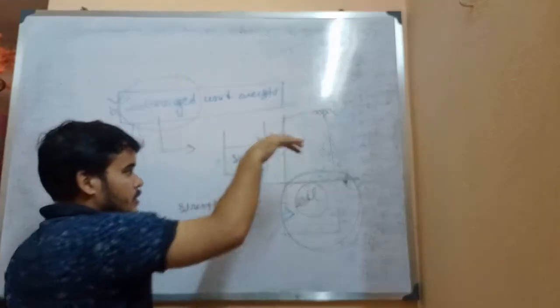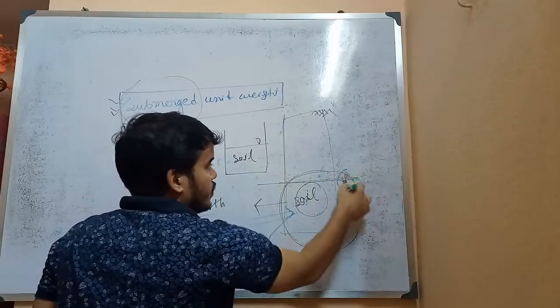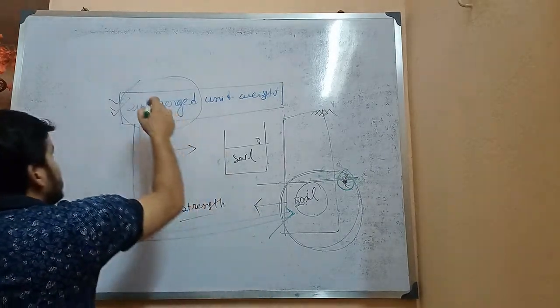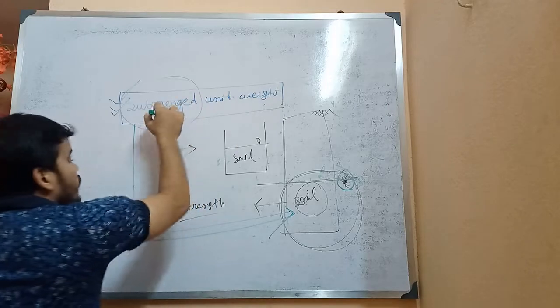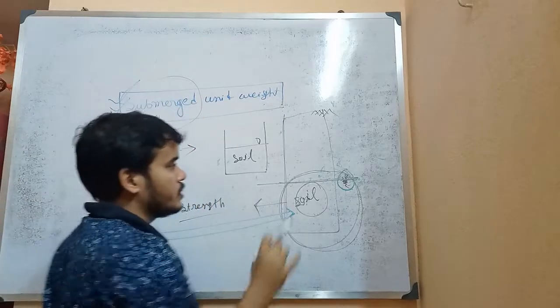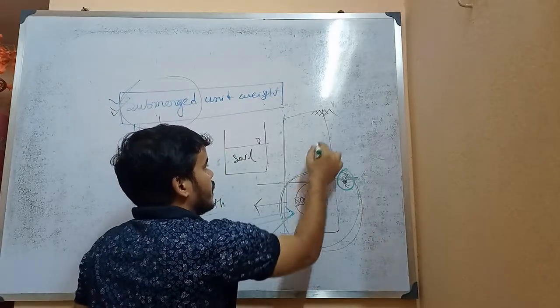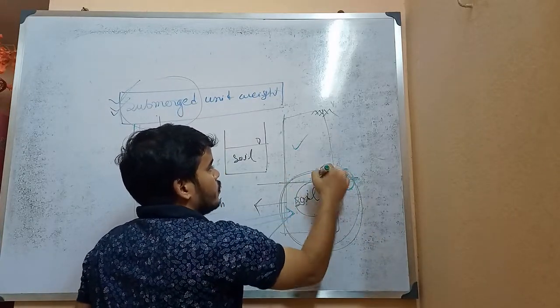Submerged means the soil is submerged under water. So the basic thing is clear. Submerged unit weight means we have to deal with the soil under water, not the part above the groundwater.